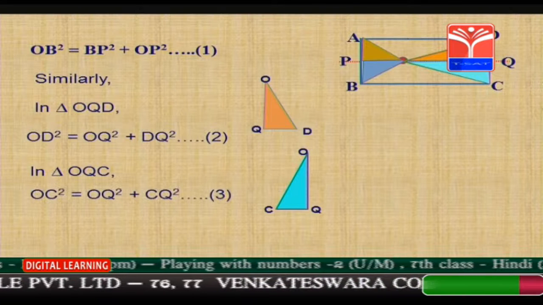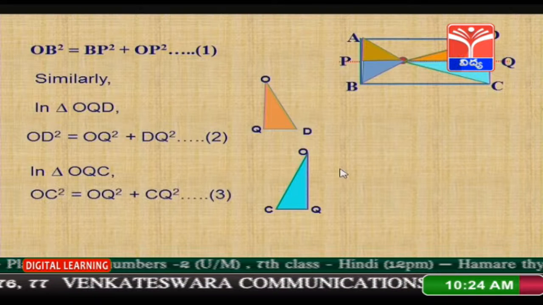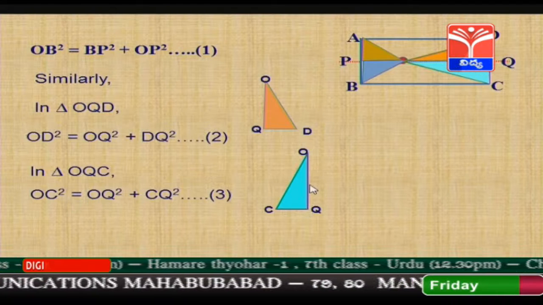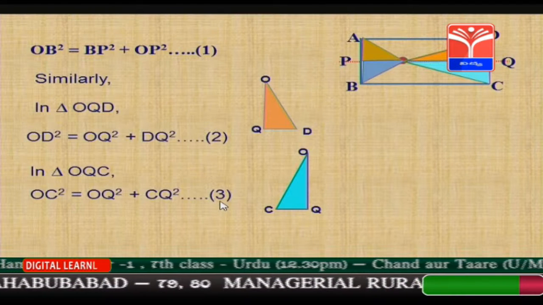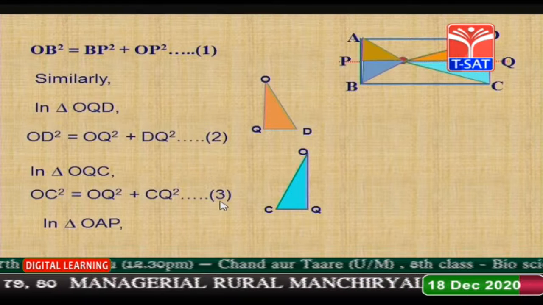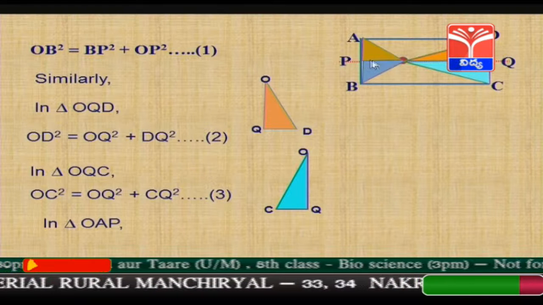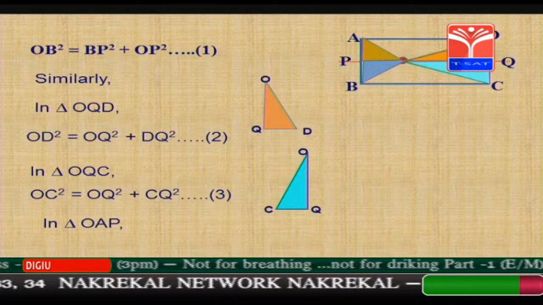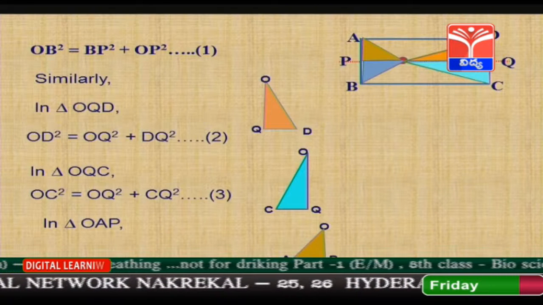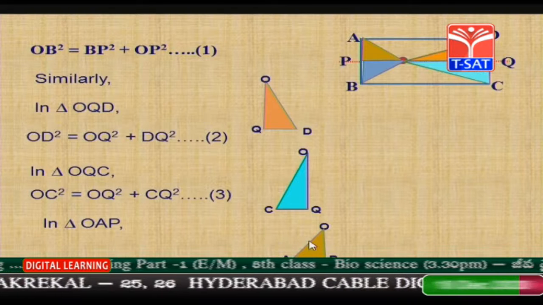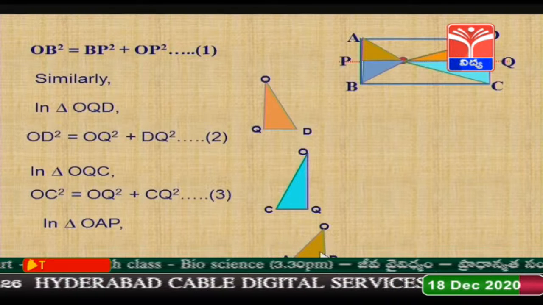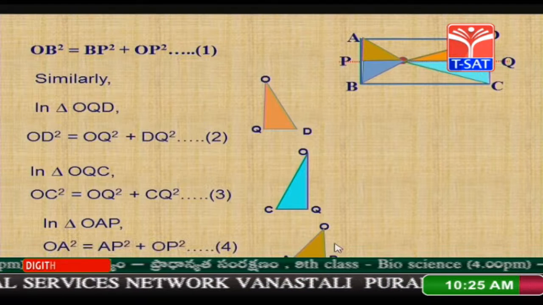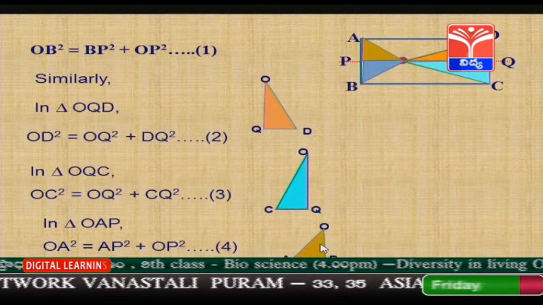OC is the hypotenuse, OC square is equal to OQ square plus CQ square, this is the third equation. Now, I am considering this triangle OPA. In triangle OPA, OA is the hypotenuse, OP is opposite and AP is adjacent. I am writing OA square is equal to AP square plus OP square.